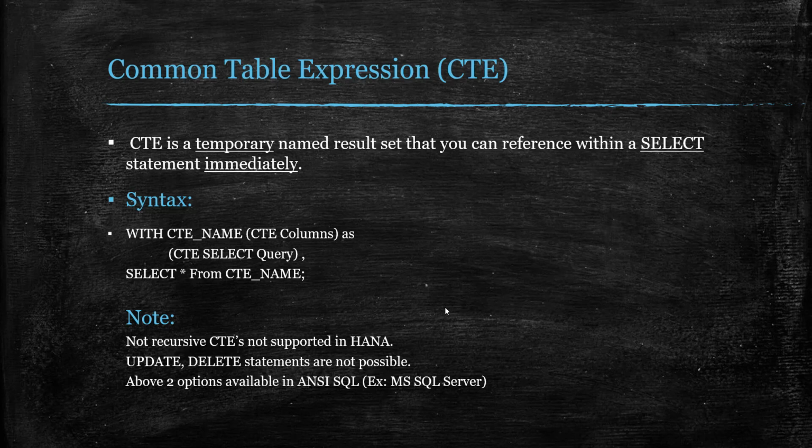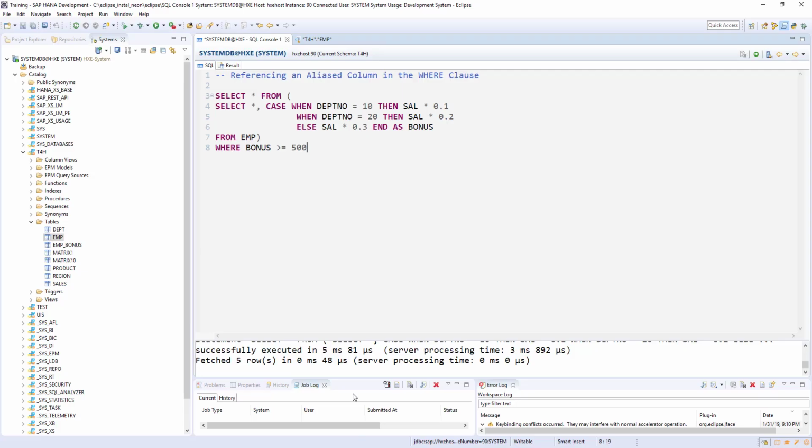In general SQL, you can write select, update, delete on top of the CTE statement, but not here. The above two options are supported in ANSI SQL; an example is Microsoft SQL Server. Okay, so let's jump into the code.